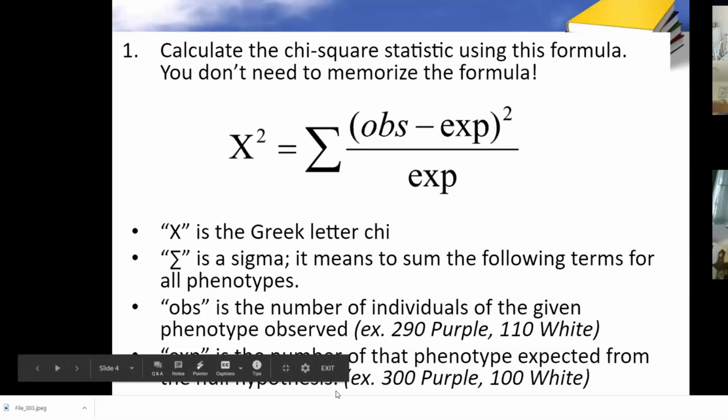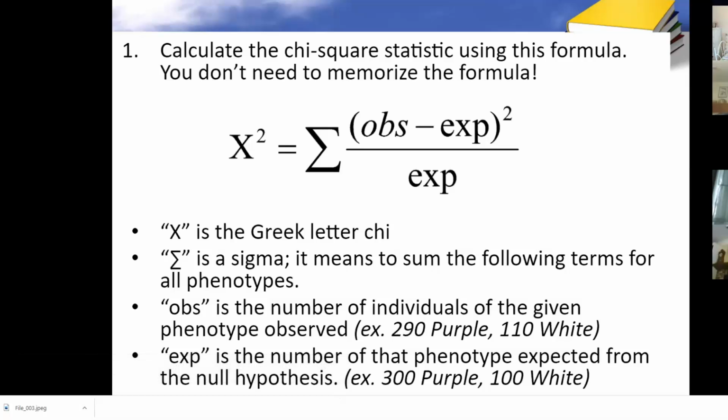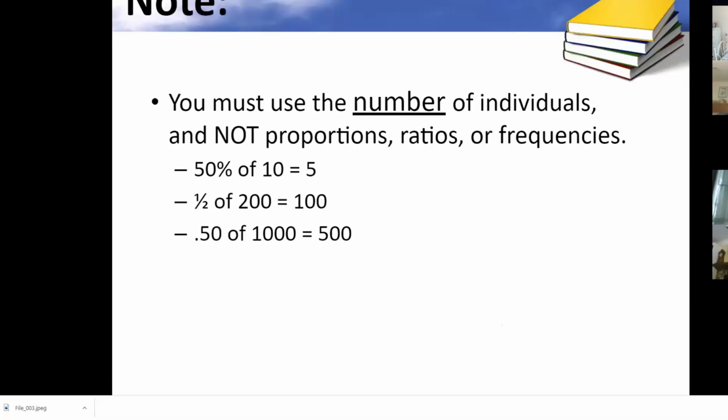Expected is what you would mathematically expect. That's your Punnett square or your laws of probability. So we expected 300 purple, we expected 100 white. Always use numbers of individuals, not fractions, not percentages.